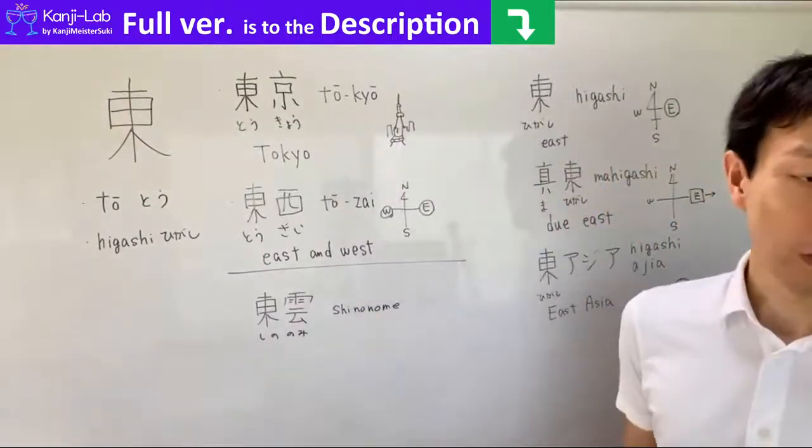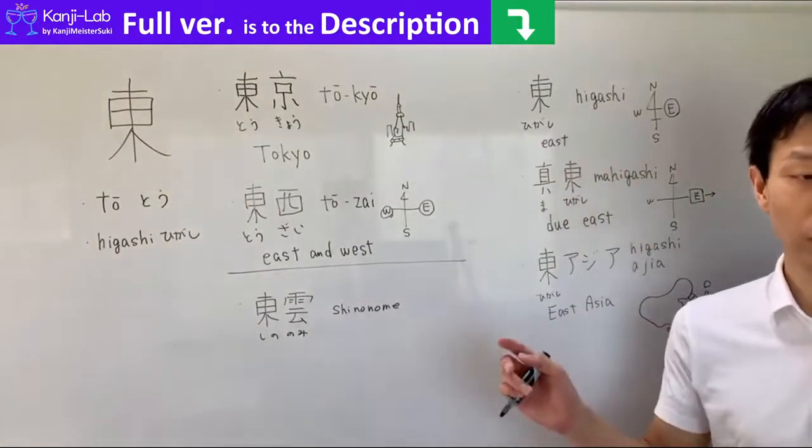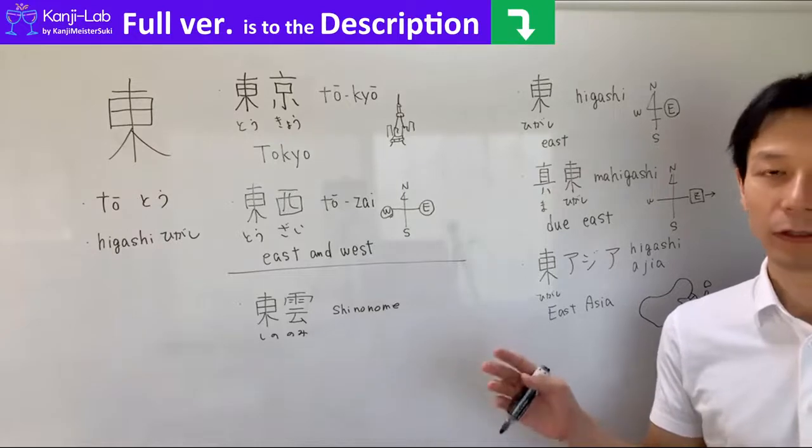Shinonome means clouds fluttering in the eastern sky at dawn.